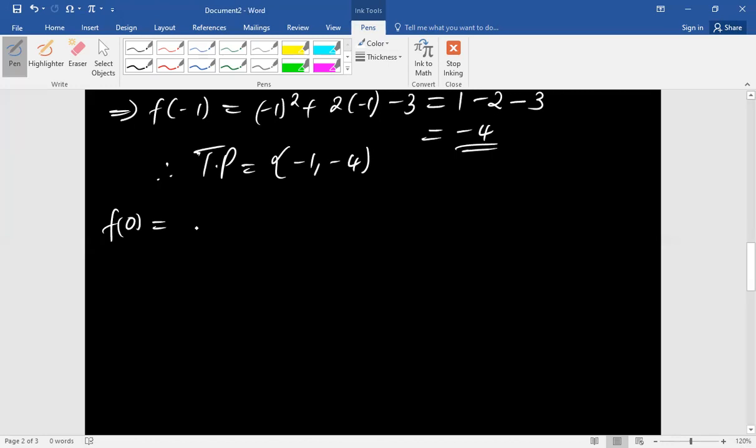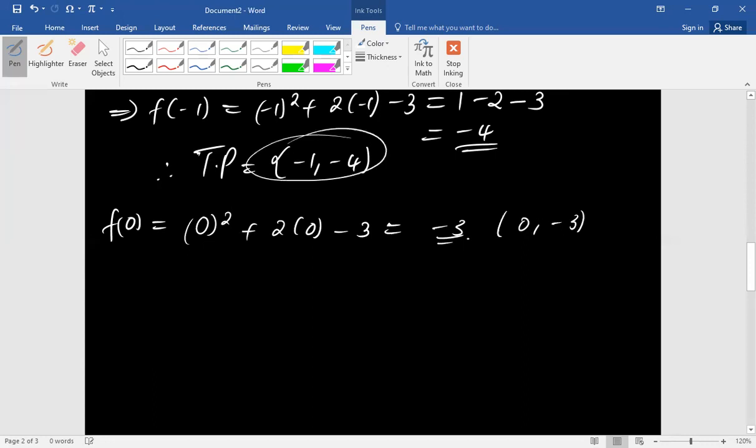That would be 0 squared plus 2 times 0 minus 3, which is just negative 3. So the y-intercept is 0 comma negative 3.